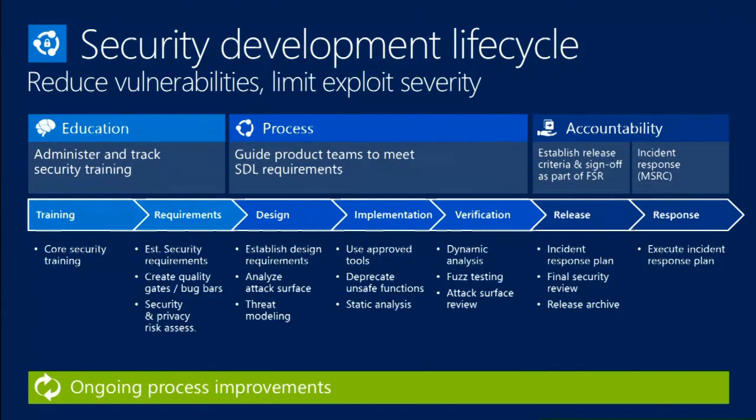So right from the point of education and training, how do we train our software engineers to build very secure software and services? Every one of our software engineers goes through training every year. Every year they have to get a refresher training on how to build secure software or secure services. And when we establish requirements, every spec has a section which digs into security.